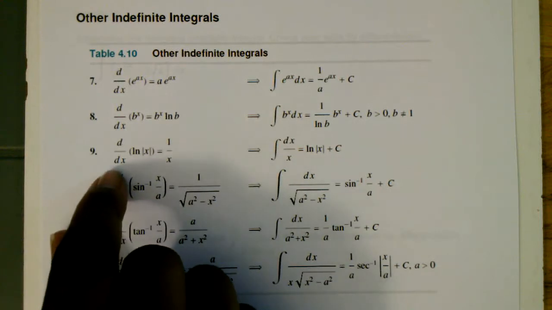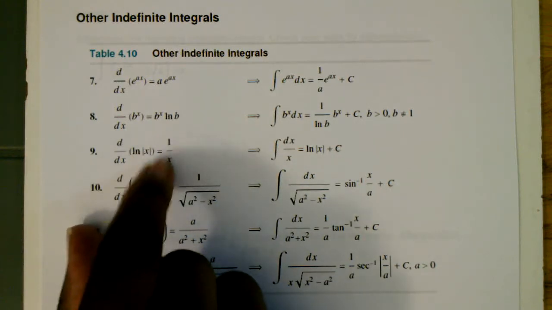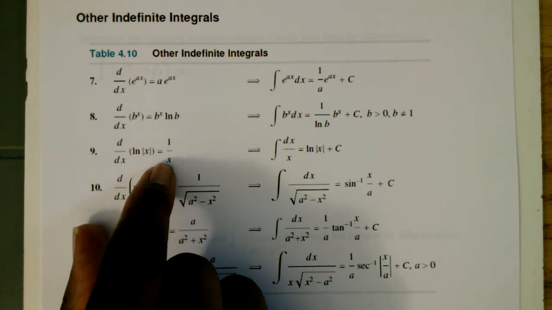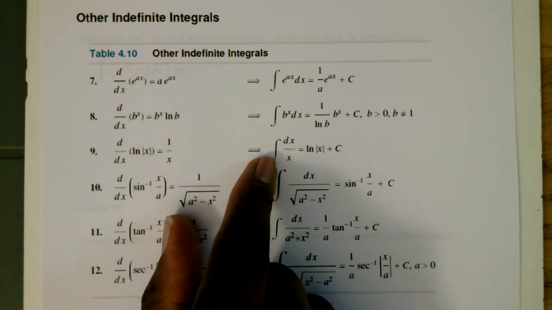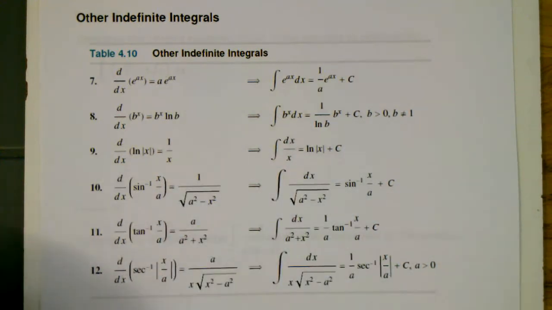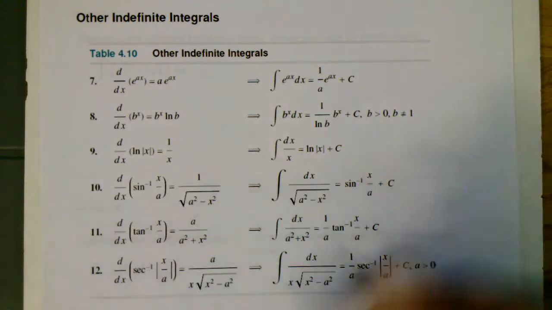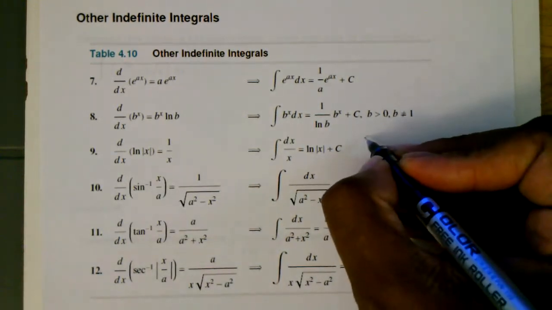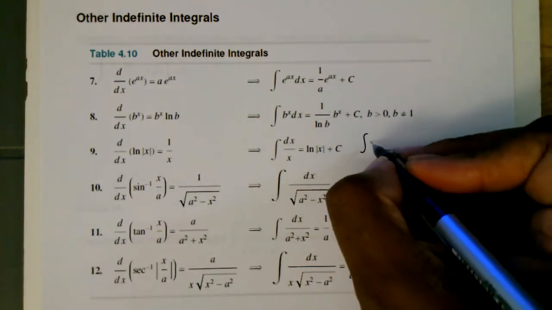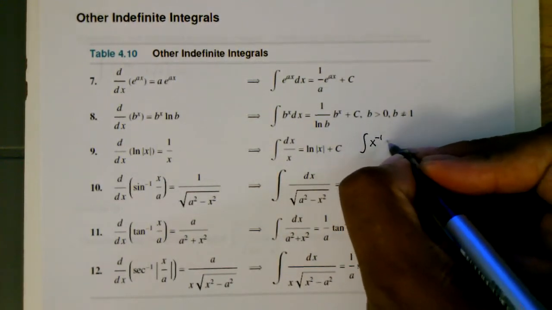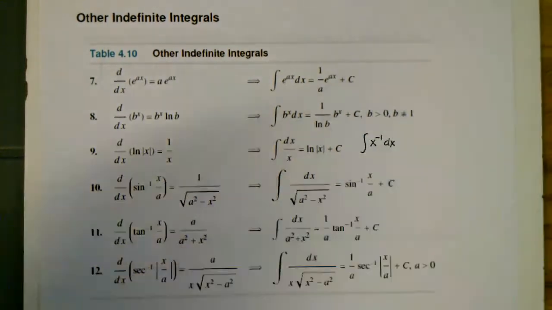All right, for the natural log of x, its derivative will be 1 over x. Let's say we have dx divided by x, and we take that integral. It's going to be the natural log of the absolute value of x. Now, let me explain something on this one. I can write dx over x as x to the negative 1 times dx.